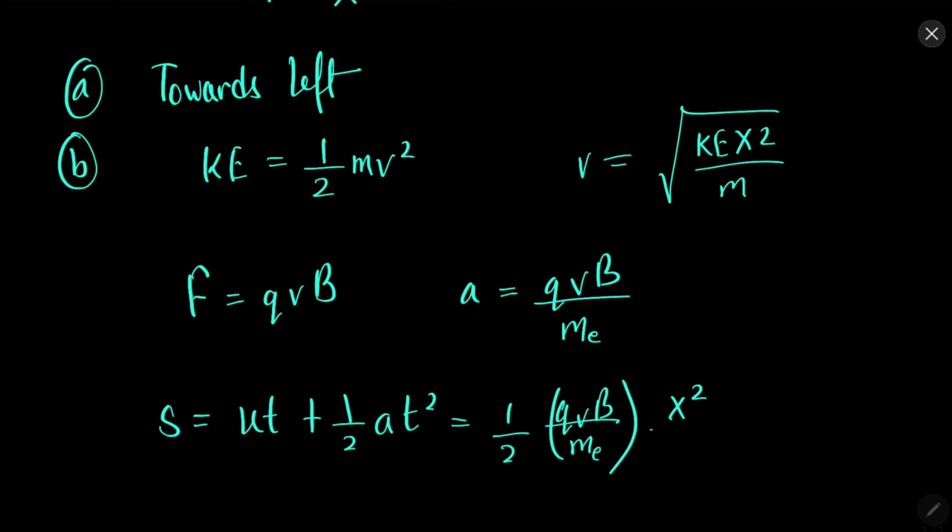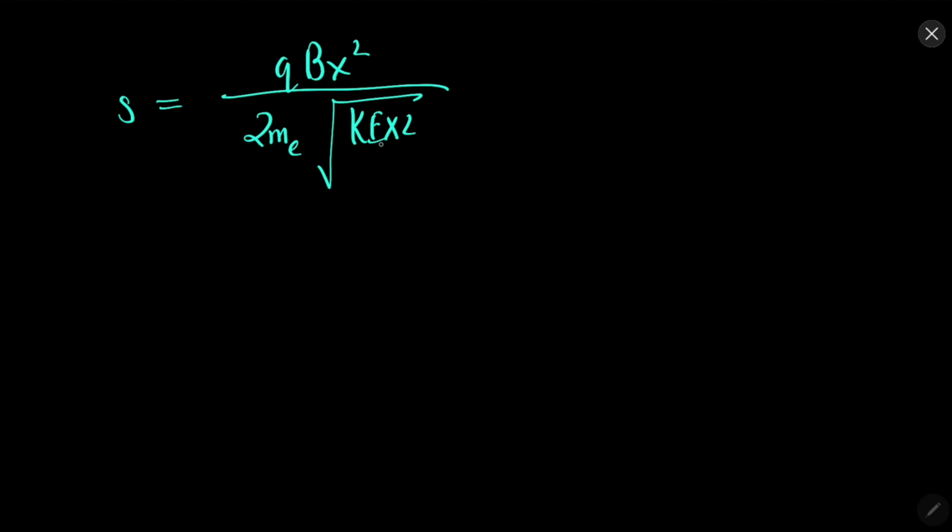Time can be displacement over velocity, x over v. So ultimately displacement will be qBx square over 2m_e root of 2KE, because velocity is this much.